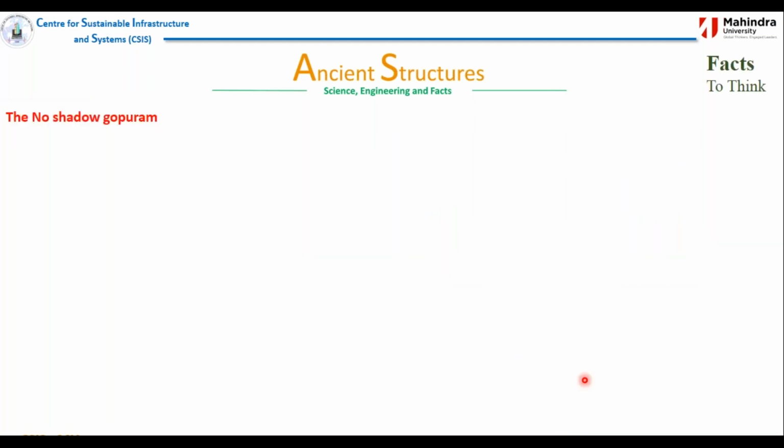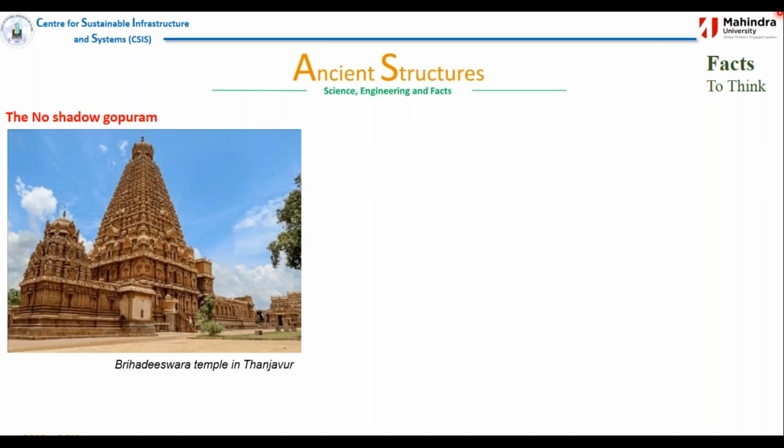I will not be able to discuss the answers for such kind of things, but I would definitely tell you 2 or 3 facts about this. There is the Brihadeshwara temple in Tanjore, and you would have found on YouTube a lot of reasons that this temple does not have any shadow.